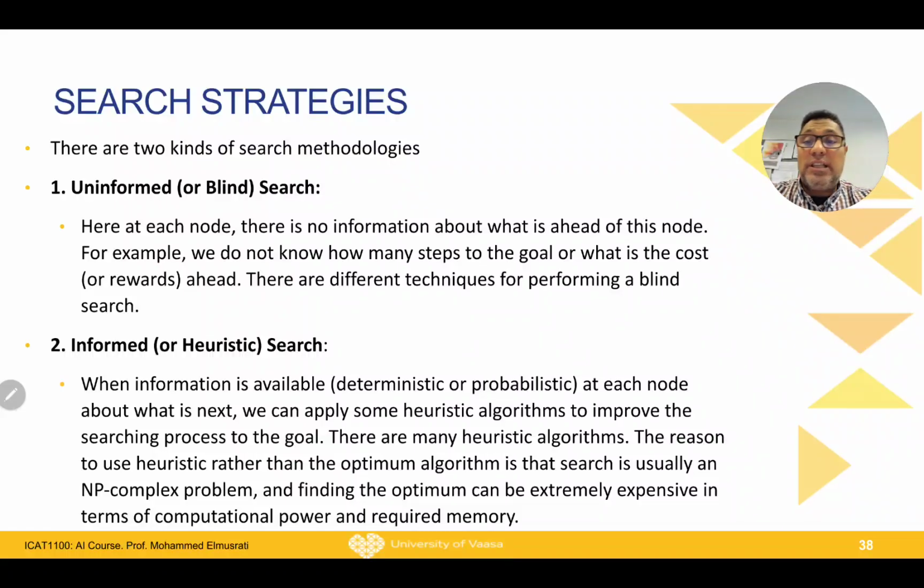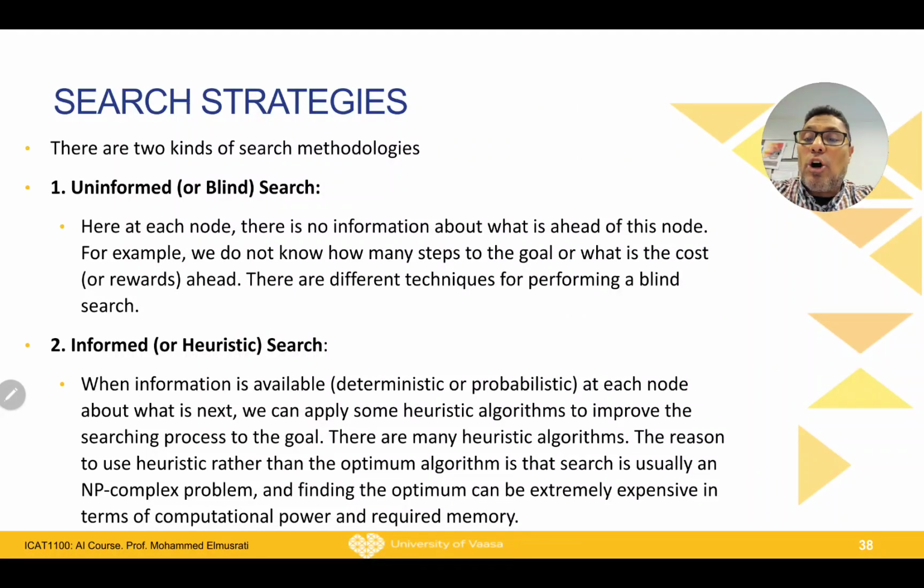What kinds of searching techniques do we have? We have mainly 2 kinds. One is uninformed or blind search, and the other one is informed or heuristic search. Uninformed means that you don't have any previous information about the problem, and you just expand the states or the nodes that you have, searching for where the solution is.